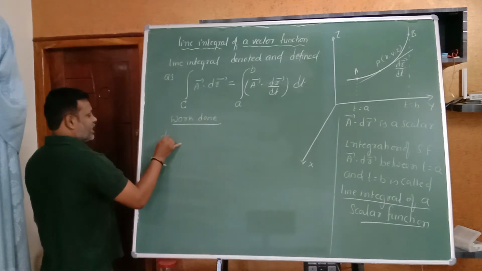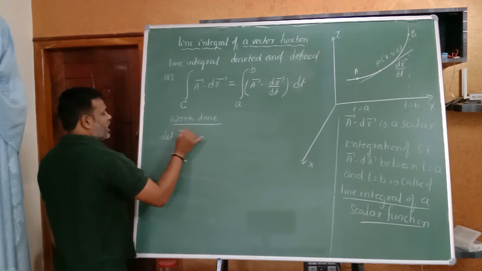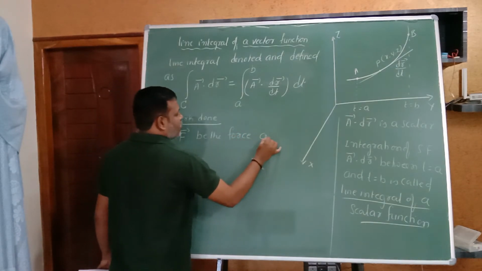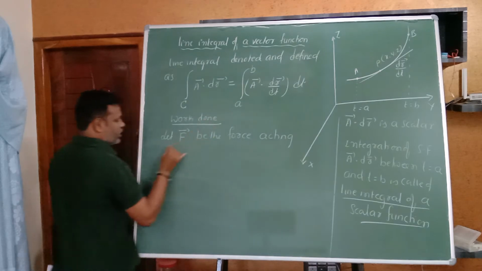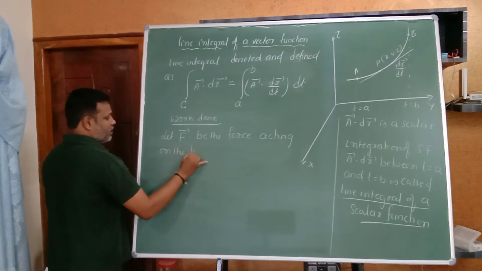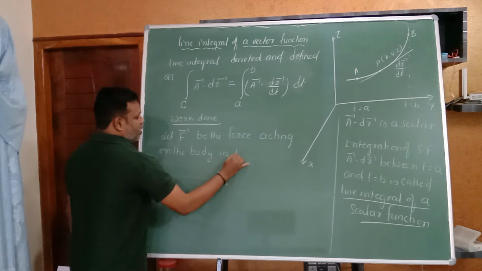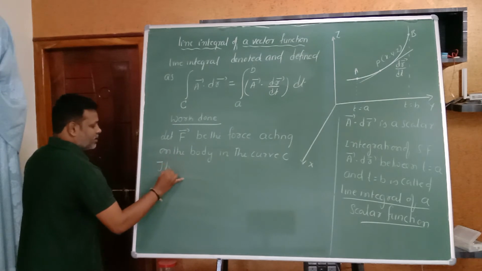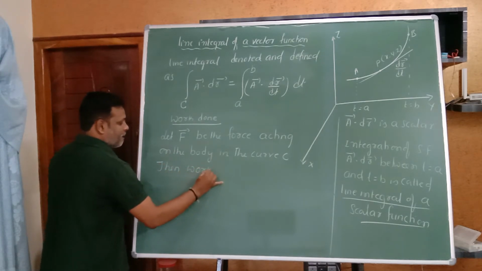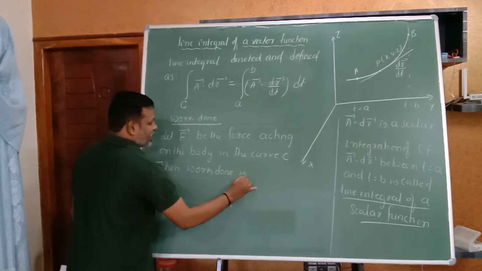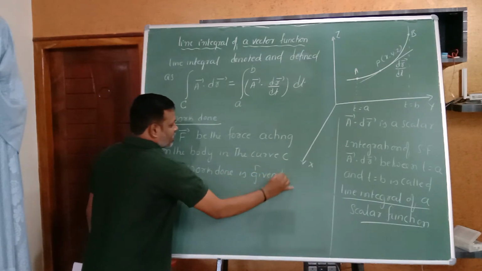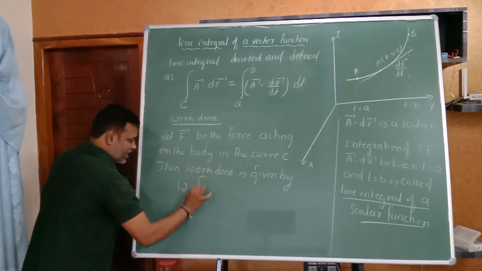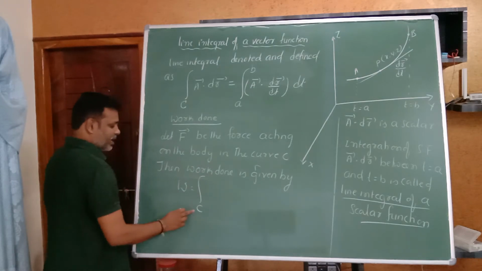Let F be, if I take capital F or small f, the force acting on the body in the curve C, then work done is given by W equal to, here W indicates work done, that is equal to the integral in a closed interval, in a curve.